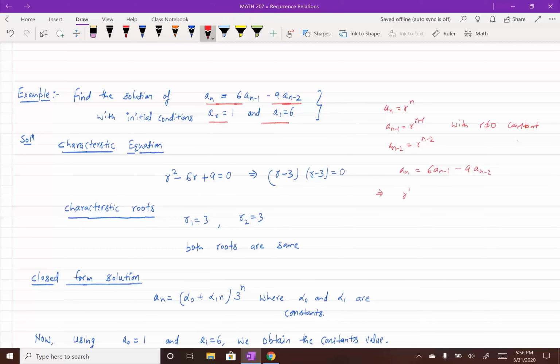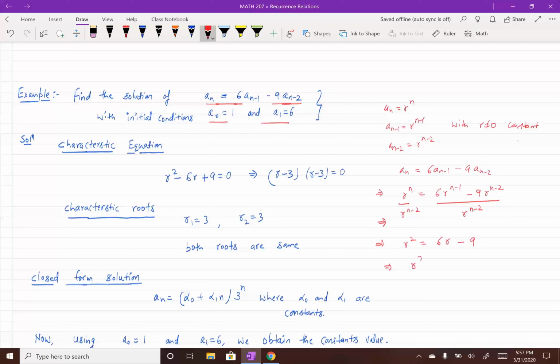It will convert to r to the power n equals 6 r to the power n minus 1 minus 9 r to the power n minus 2. If you divide both sides by r to the power n minus 2, this side will be r squared, and this side will be 6r minus 9.